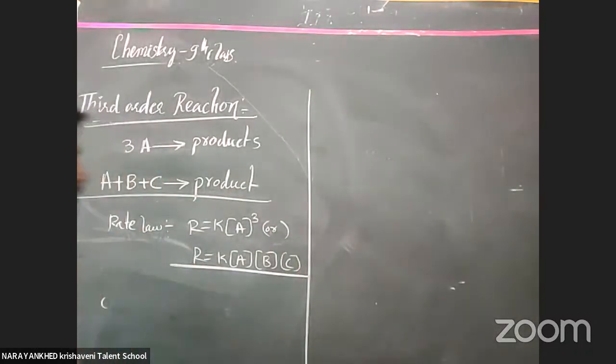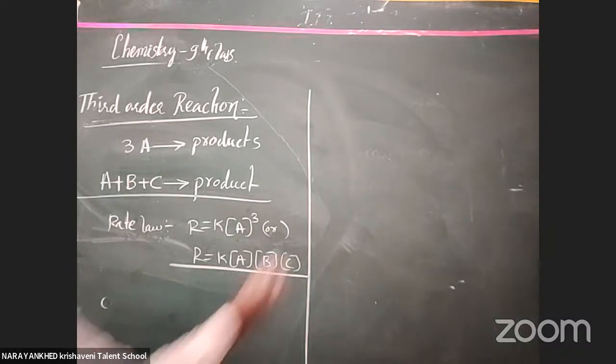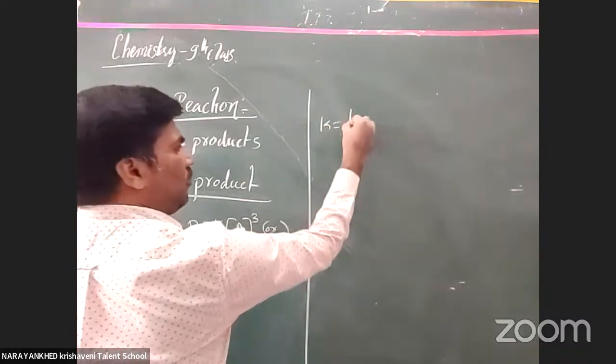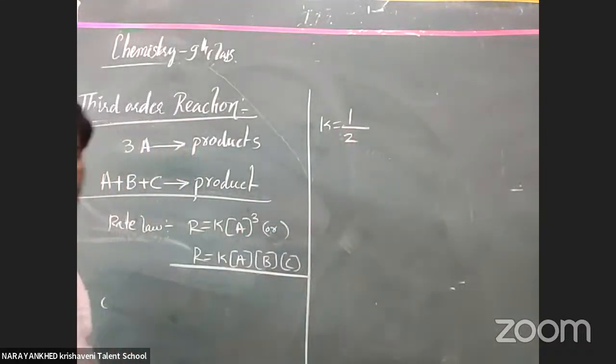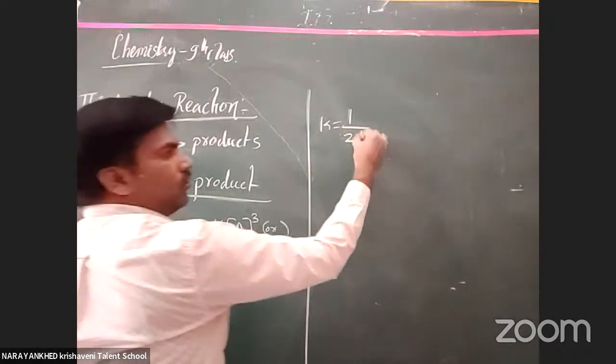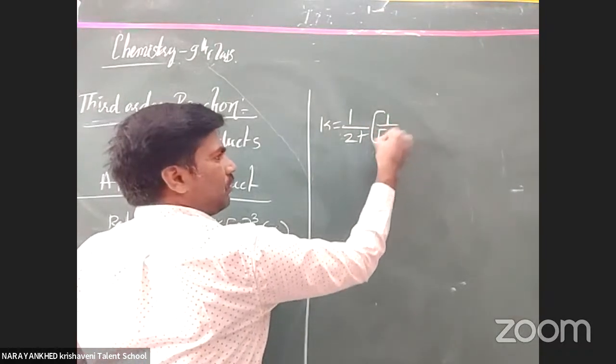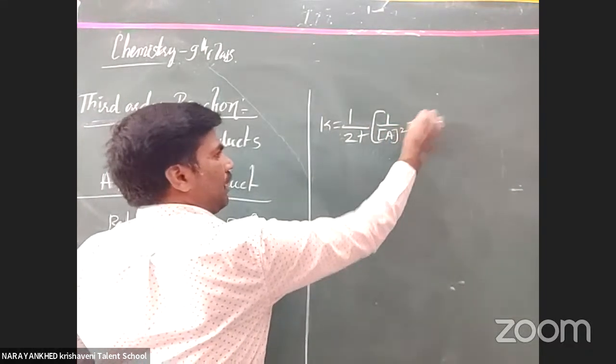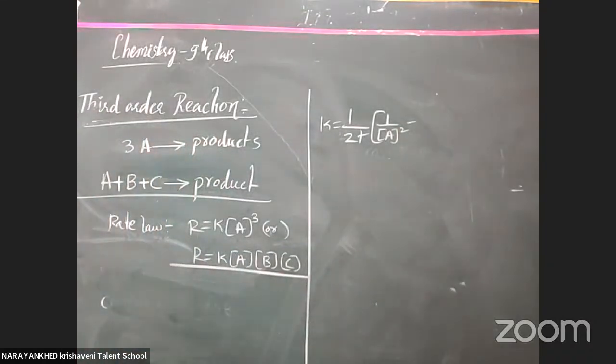And as well as the rate constant, no? The rate constant is written as K is equal to 1 by 2t into 1 by A to the power of 2 minus the initial value. What is that initial value we consider? A minus x square.